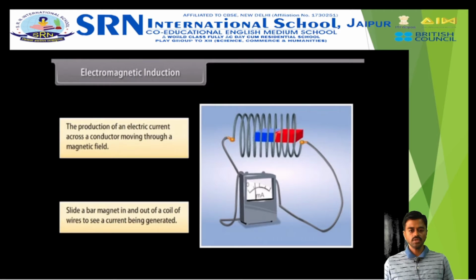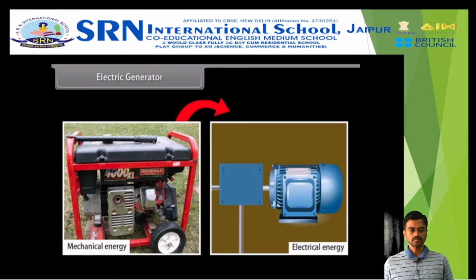Now in the picture we can see a coil, and inside it a magnet which has a north pole and a south pole. When you move the magnet inside the coil, there will be a variation in the magnetic field, and when this variation in the magnetic field is associated with the coil, current will be induced in it, and the generation of current you can observe with the help of an ammeter which is attached to the device.